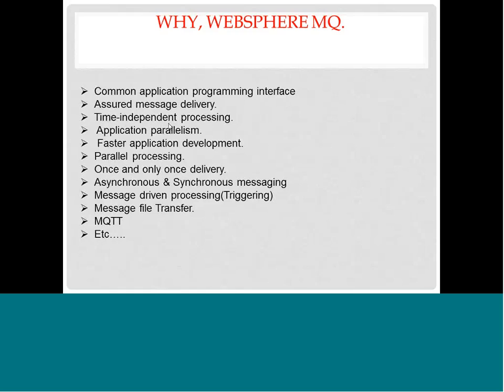In a web service call your request will fail, so again we have to initiate a new request. But with MQ, your request will not be lost. Your message will be safely stored in the queue until your B application, the destination application, picks that message and processes it. We are providing the assurance.